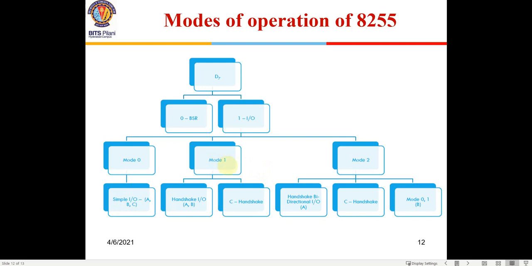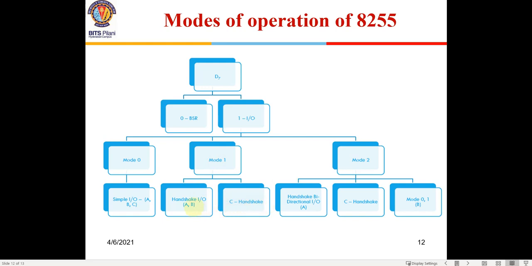Then you have a mode 1 operation. If you configure it for mode 1 operation, it is not necessary that both port A and port B have to be mode 1. You can have either A configured as mode 1, or B, or both. In this case, the port C will be used for handshaking.